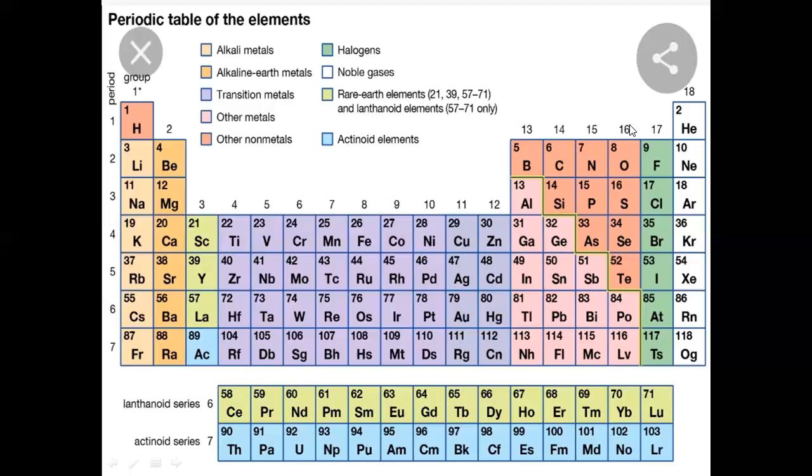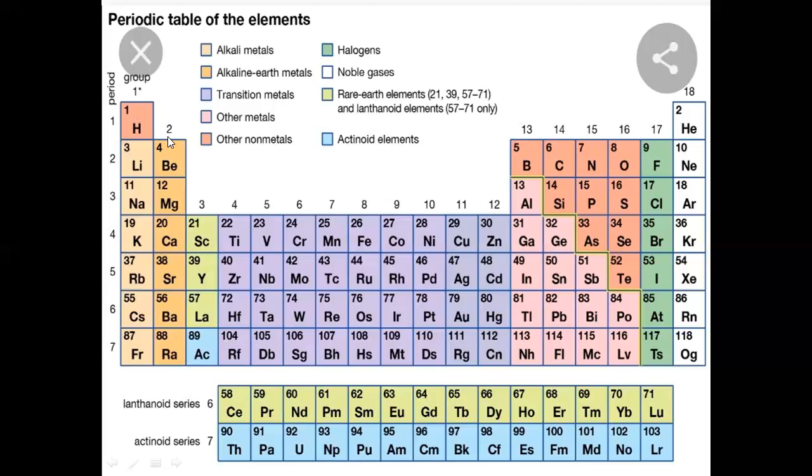So in total we have 18 columns. Group number 1, group number 2, and group numbers 13, 14, 15, 16, 17, 18 are called A group elements: normal, typical, or representative elements, also called main group elements.